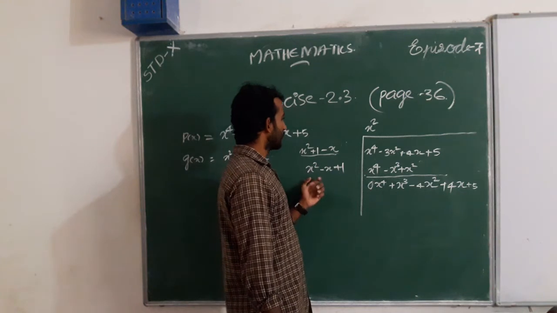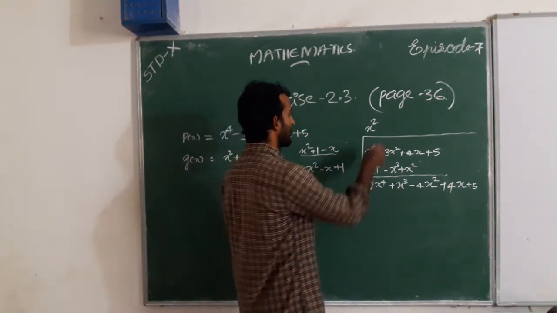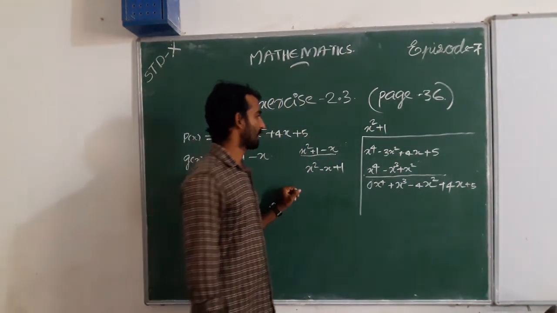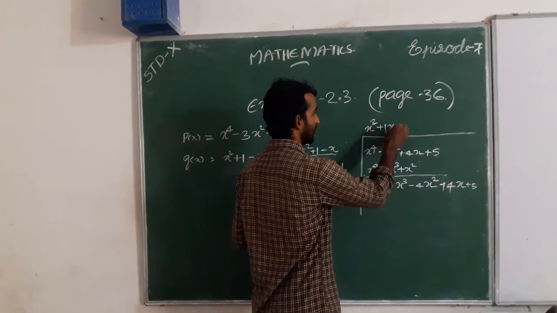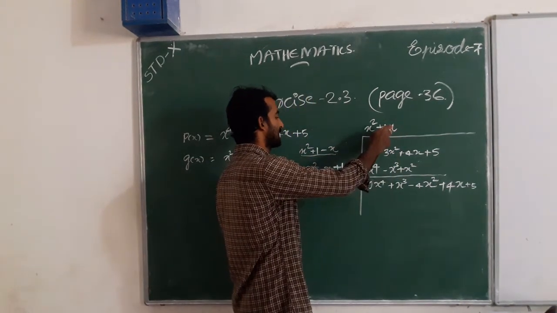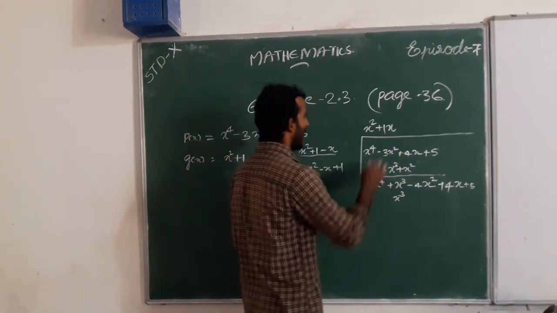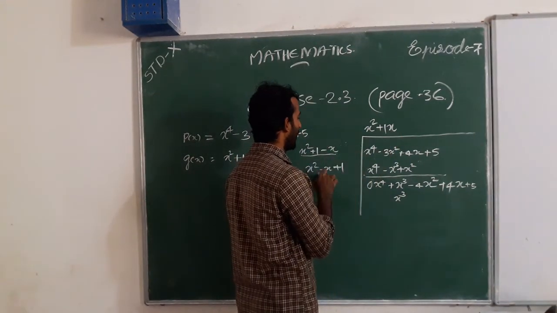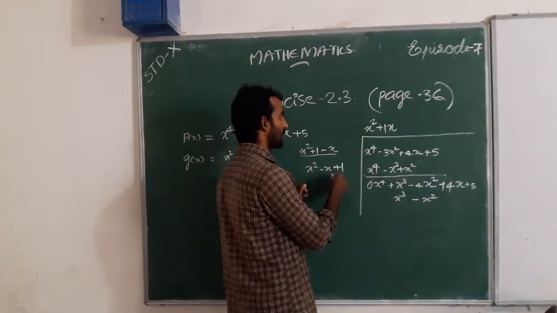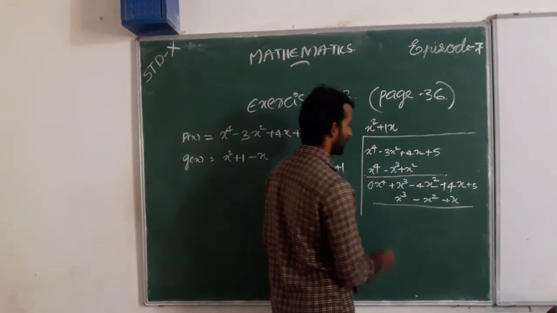Next we want to get x cube, that is plus 1x: x into x square we get x cube, x into x we get minus x square, and x into 1 we get plus x.